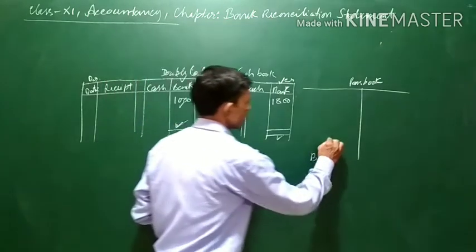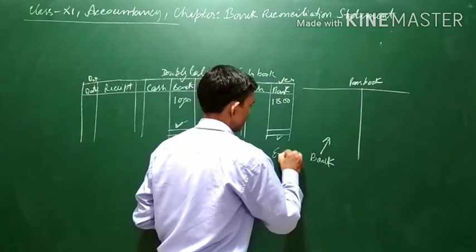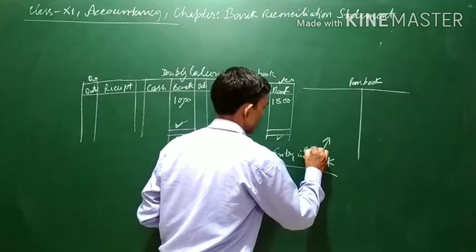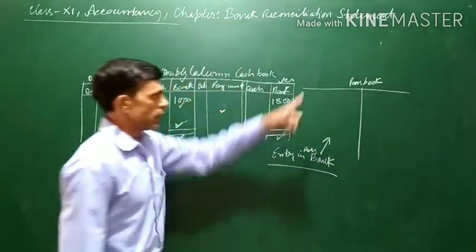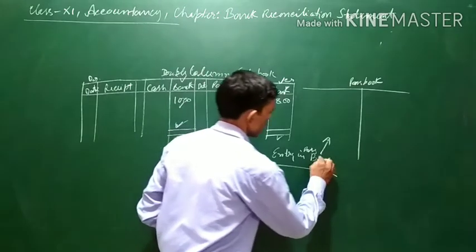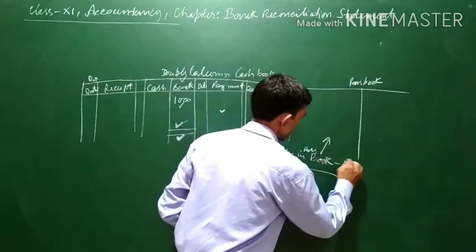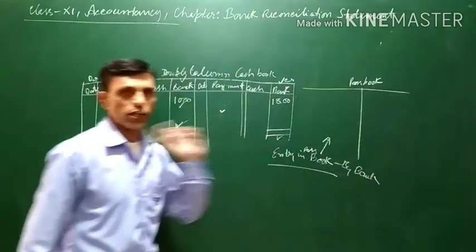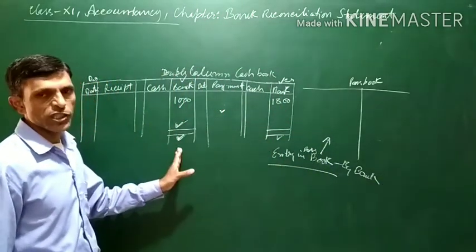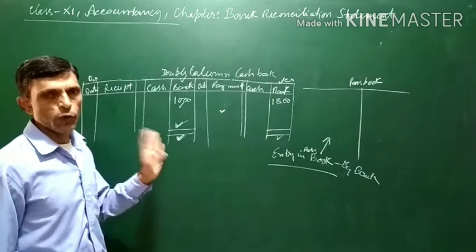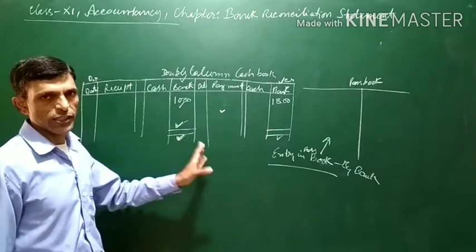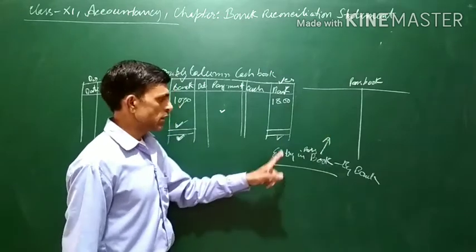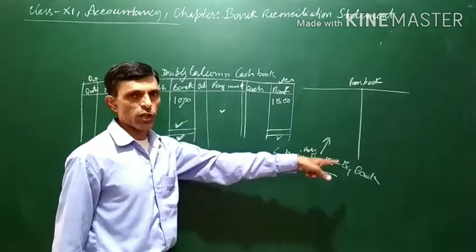Entry in the passbook is made by the bank only. Entry in the cash book is made by the people of the firm, the accountant or the cashier of the firm, and entry in the passbook will be made only by the bank.